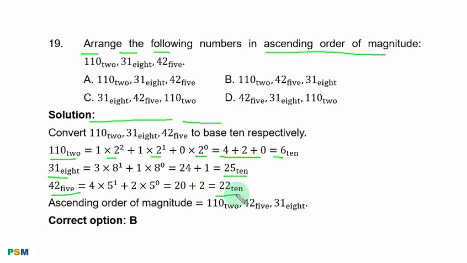In ascending order, you have 6 base 10 for 110 base 2. You have 22 base 10 for 42 base 5. Then you have 25 base 10 for 31 base 8. The correct option is B.